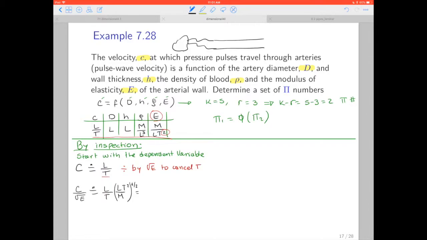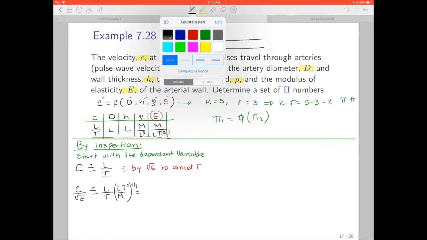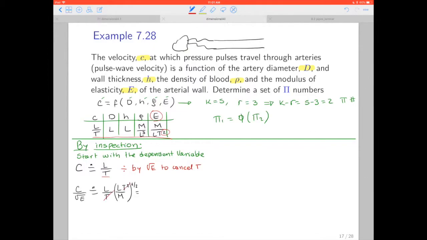So time is going to be cancelled, and then we have length to the power of 1 multiplied by length to the power of 1/2, so that's going to be 1.5. So we have length to the 1 plus a half, it is 3/2, and mass is going to be to the 1/2.